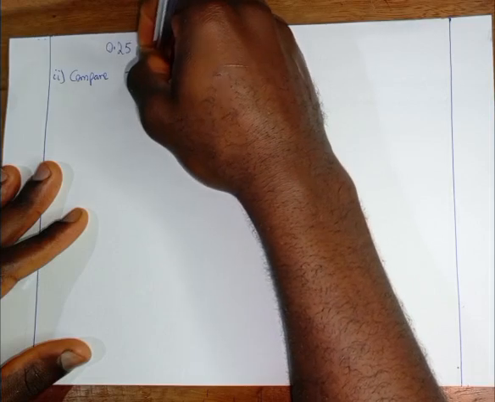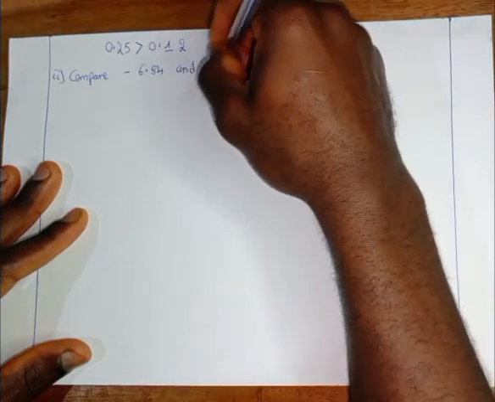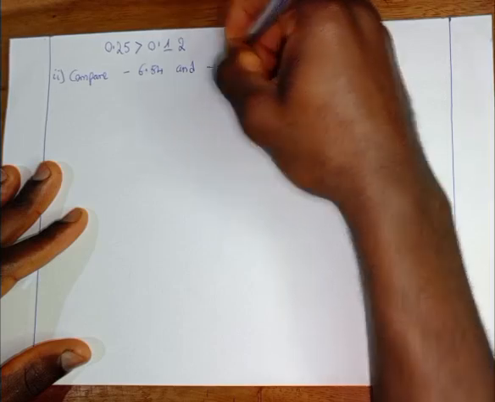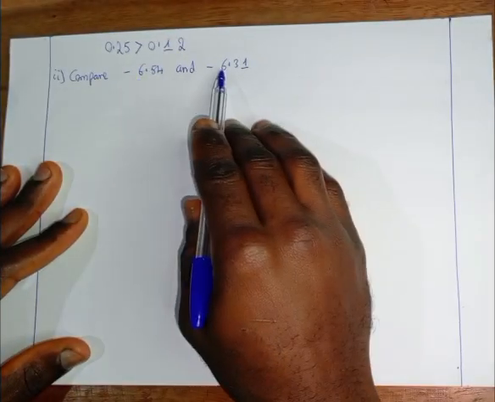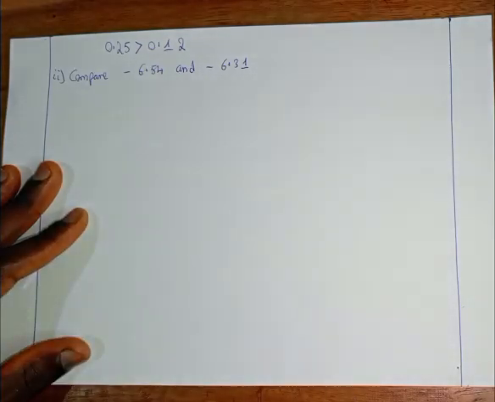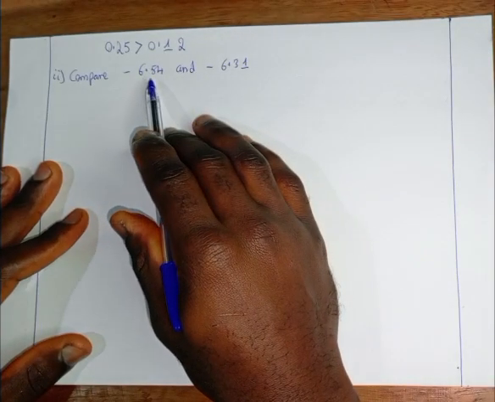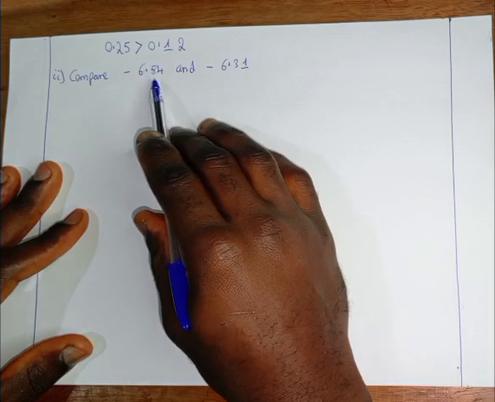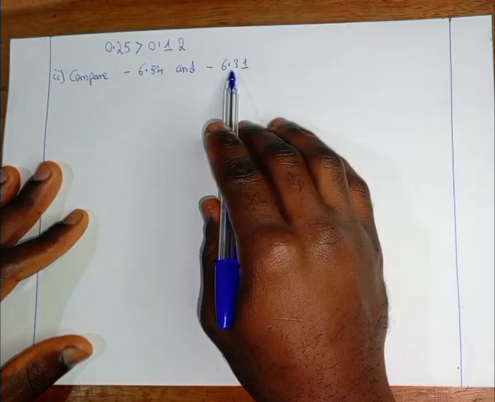If we take 2i, it says compare negative 6.54 and negative 6.31. You see that their whole number parts are the same, negative 6, negative 6. We are going to compare their first digits after the decimal point. Here we have 5, here we have 3.